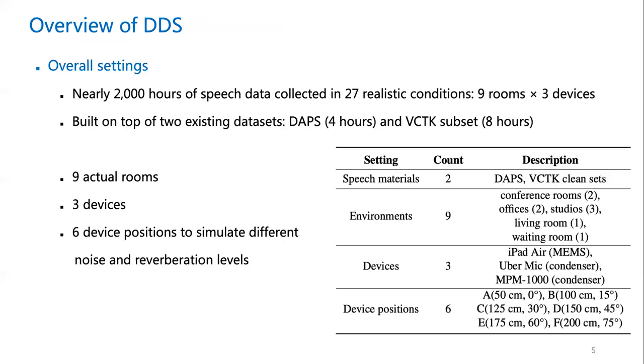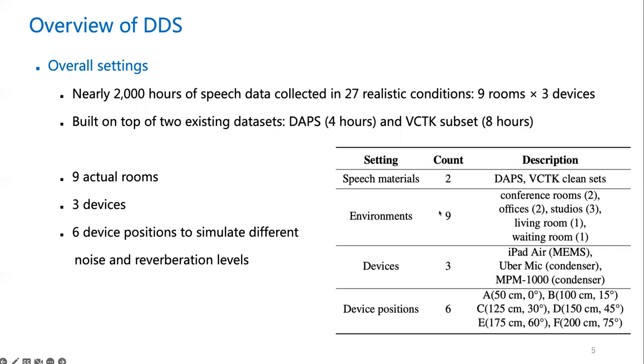Next, about the overall settings of this new dataset. The DDS contains nearly 2,000 hours of speech data collected in 27 realistic conditions, including 9 environments and 3 microphone devices. It's built on top of 2 existing datasets. The first one is the 4-hour dataset, and the second is the 8-hour with decay subset.